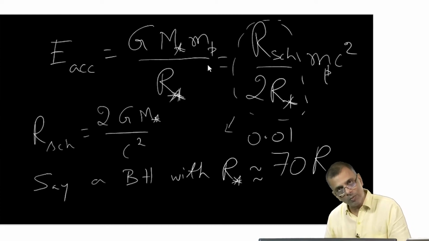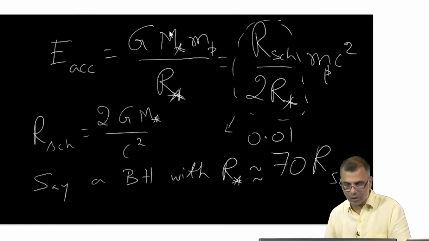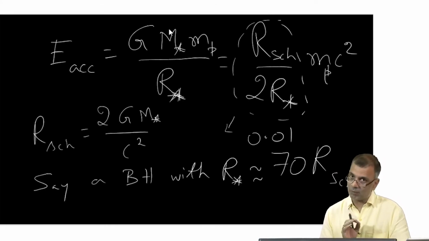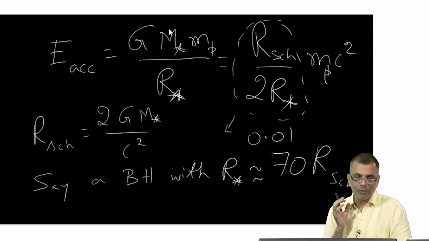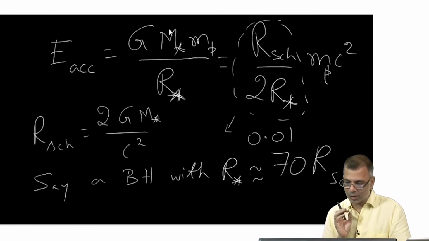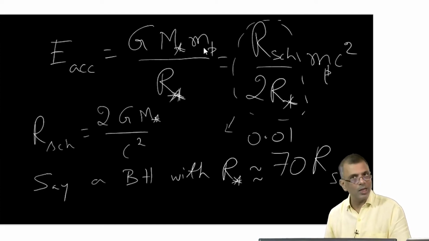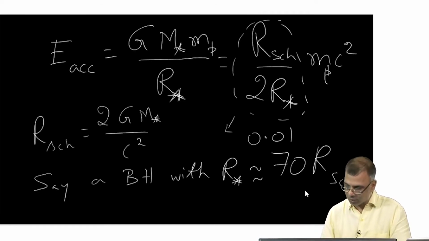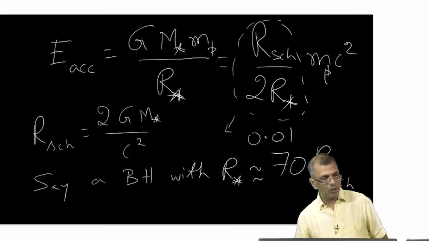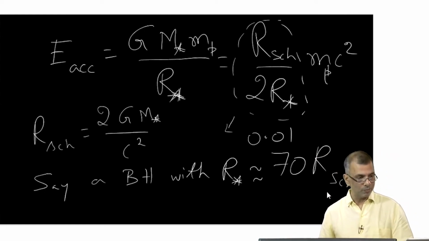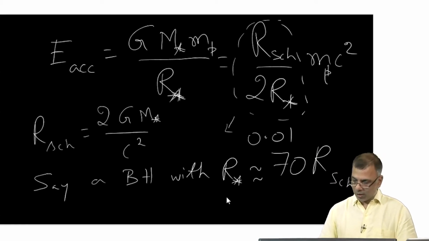The point we are trying to make is that if we can somehow tap the gravitational potential energy arising from accretion of gas, at rest from infinity, onto a compact object with radius something like 70 Schwarzschild radii, that can potentially be more efficient than nuclear fusion. However, this is actually a very compact object.